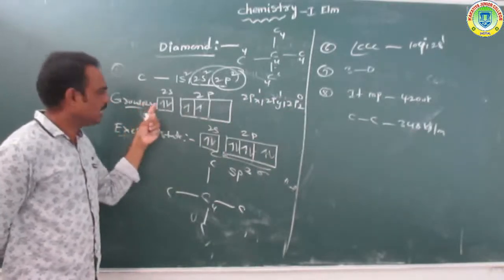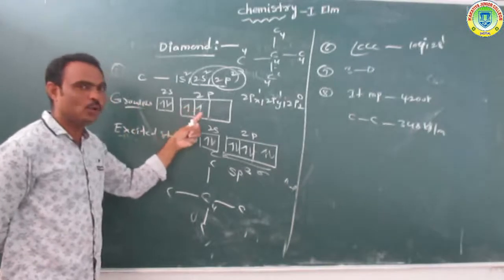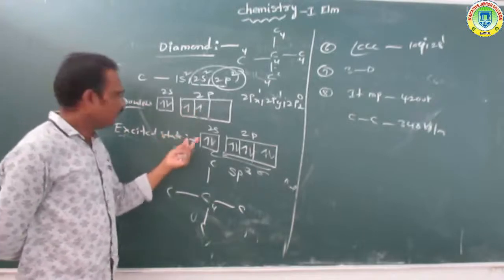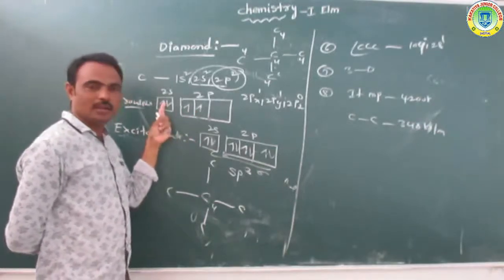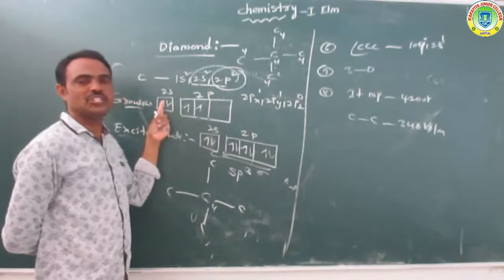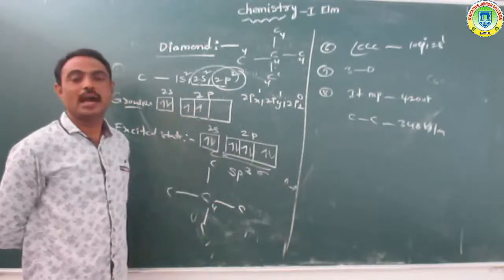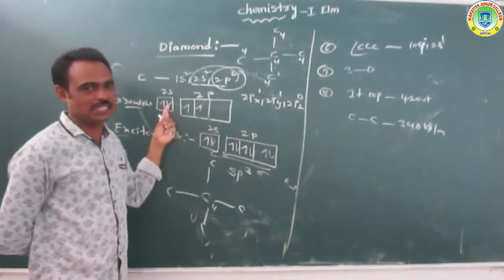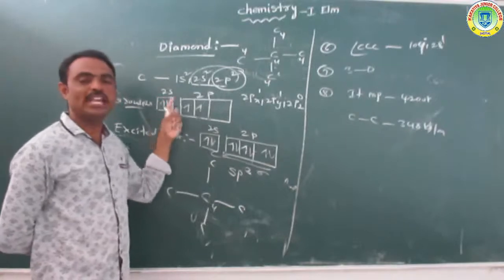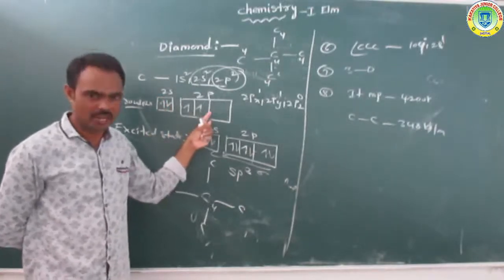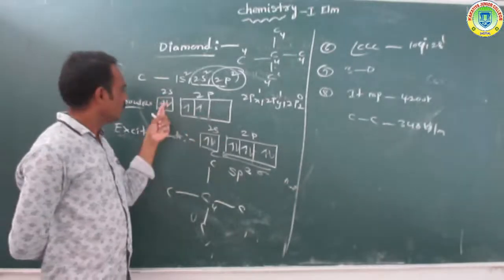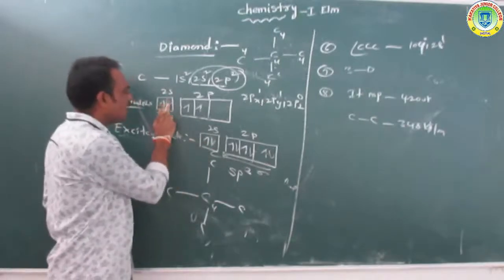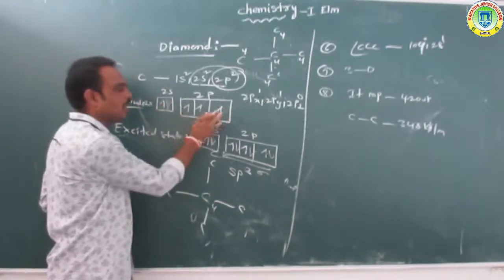In this ground state, the carbon atom contains only 2 single electrons. The 2s is the lower energy shell and the 2p is the higher energy shell. When the carbon atom absorbs some energy, an electron of the 2s orbital jumps from the lower energy shell to the higher energy shell, into the 2p orbital.